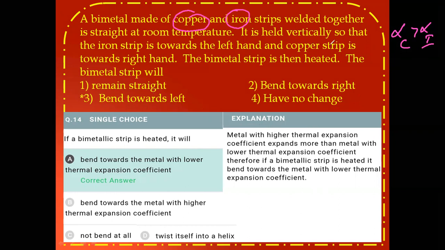It is held vertically so that the iron strip is toward the left side, left hand, and the copper strip is toward the right hand. So what they said? It is held vertically so that the iron strip is toward the left side.